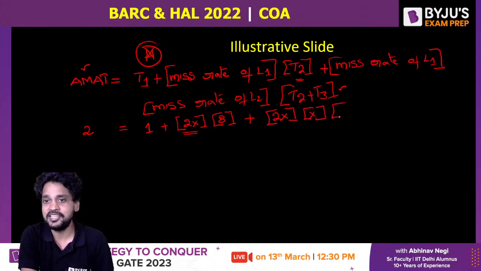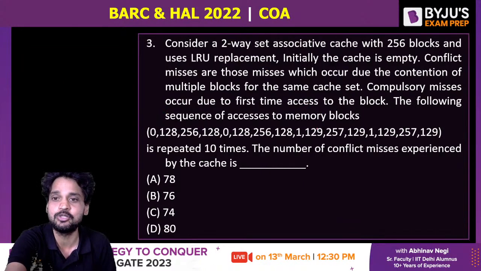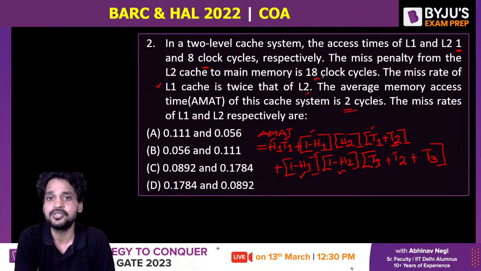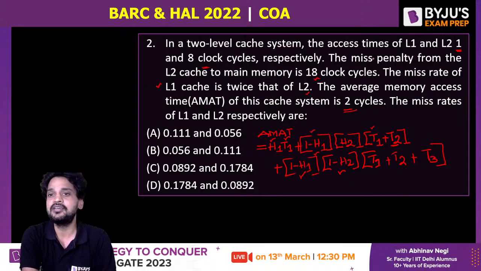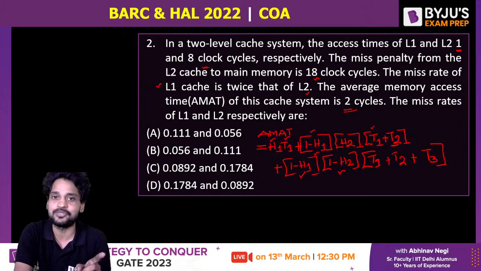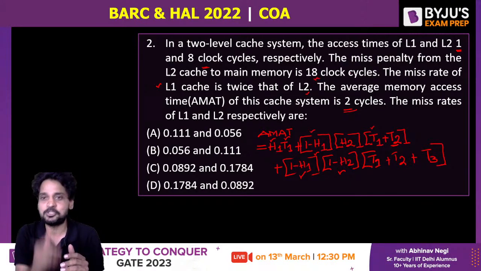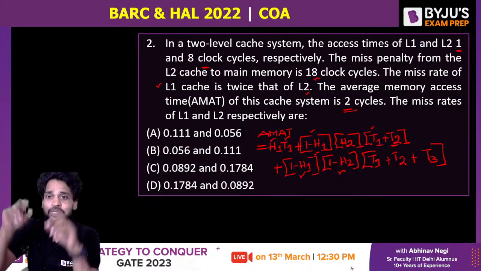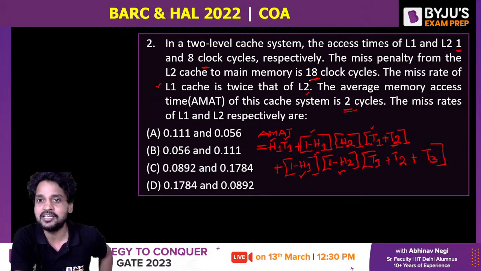T2 plus T3 is also given in the question: the miss penalty from the L2 cache to the main memory. Here he included only 2 terms, that is L2 plus main memory. Miss penalty will include the time we have spent and wasted at the L2 cache and the time that we are going to spend in the main memory. So 18 clock cycles is T2 plus T3.